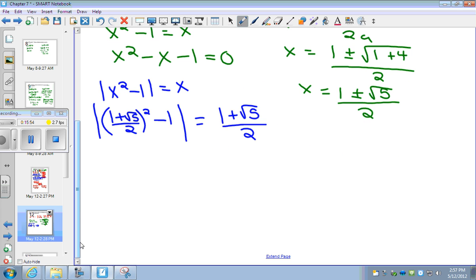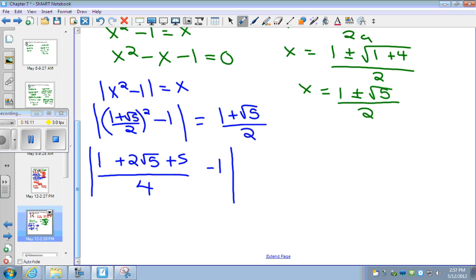Okay, so we get 1 plus 2 root 5 plus 5 all over 4 minus 1. The absolute value of that, is that equal to 1 plus root 5 over 2?